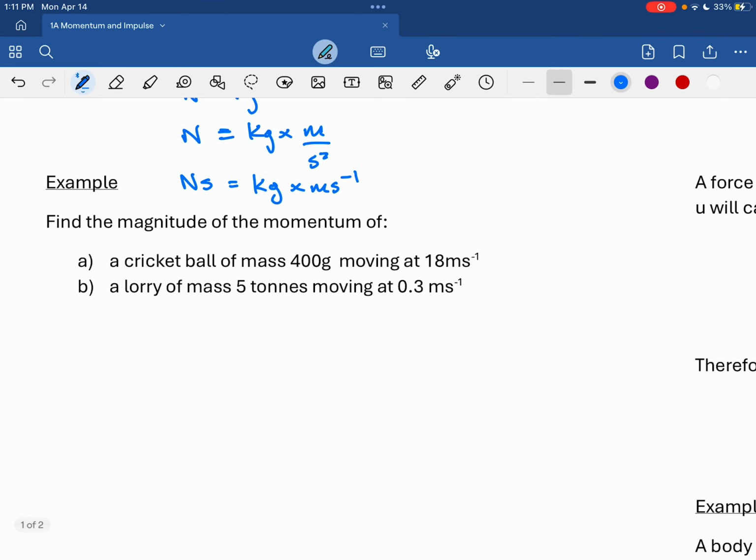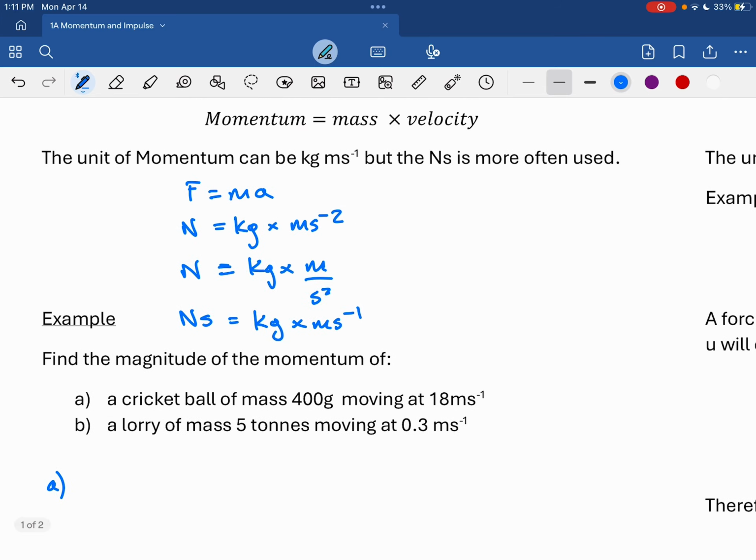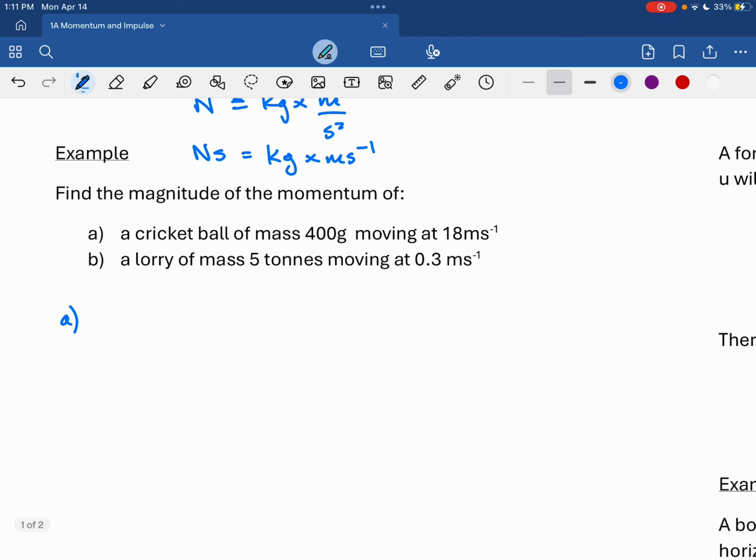We want to find the magnitude of the momentum of a cricket ball of mass 400 grams moving with a velocity of 18 meters per second. So momentum is just mass times velocity. Here the mass is 400 grams, but in order for us to have Newton seconds as our unit, we need to make sure that the units are always in kilograms for the mass and meters per second for the velocities.